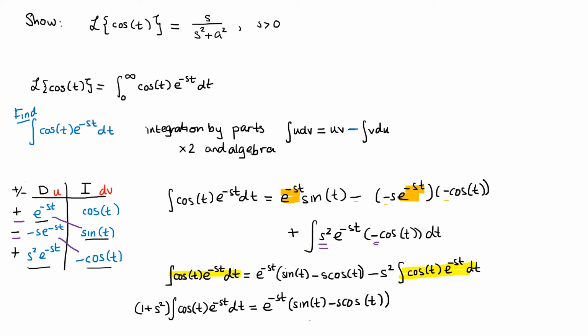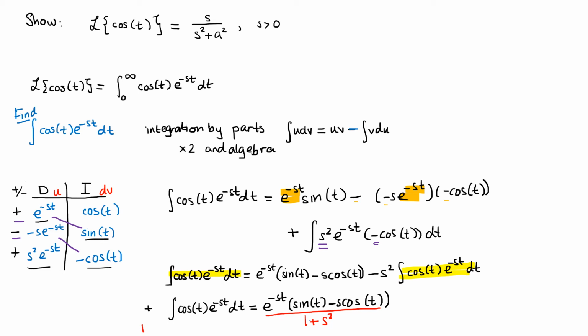We can just divide both sides by 1 plus s squared. Okay, so we found our integral.